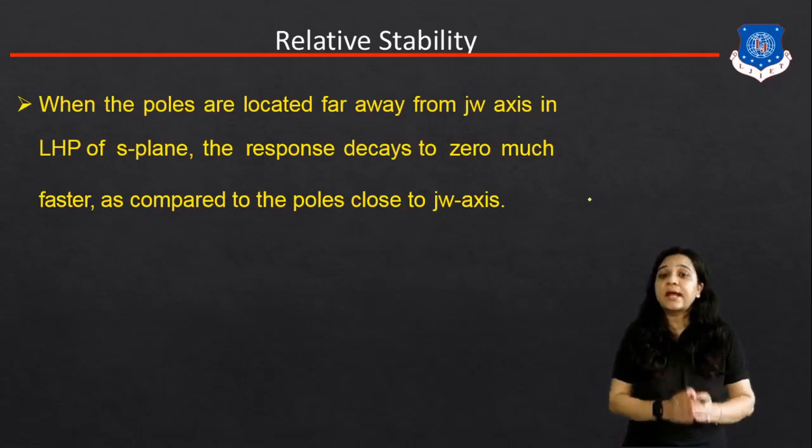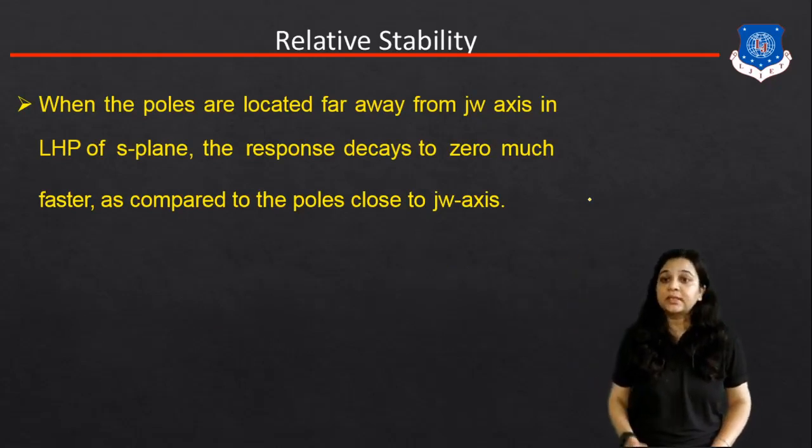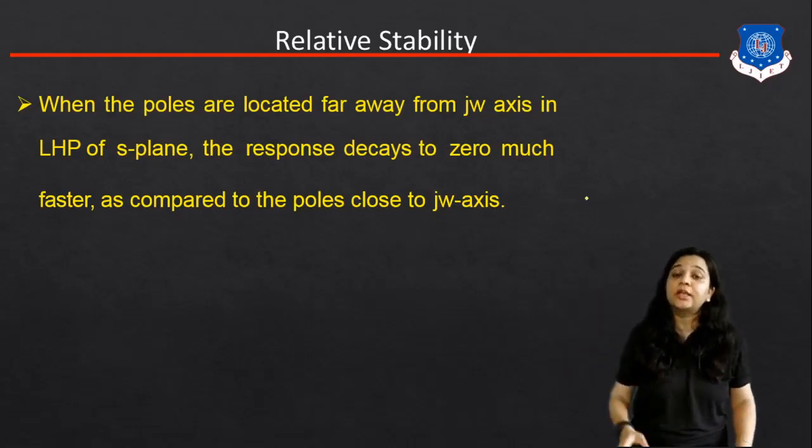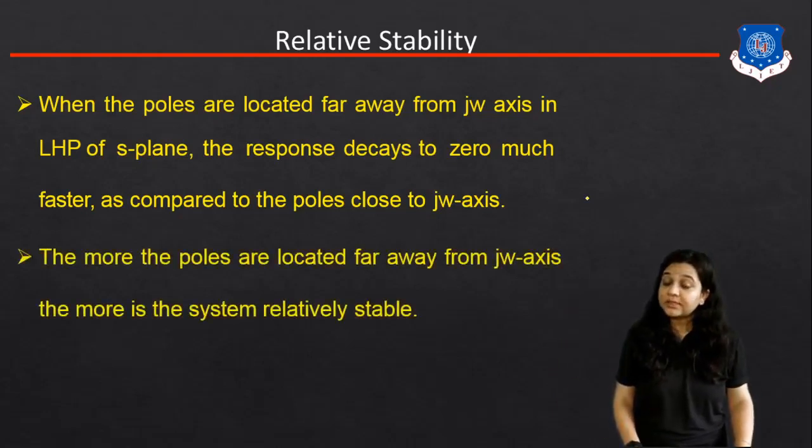When the poles are located far away from the j omega axis in the left half of the S-plane, the response decays to 0 much faster as compared to poles close to the j omega axis. The farther the poles are from the j omega axis, the more relatively stable the system is.